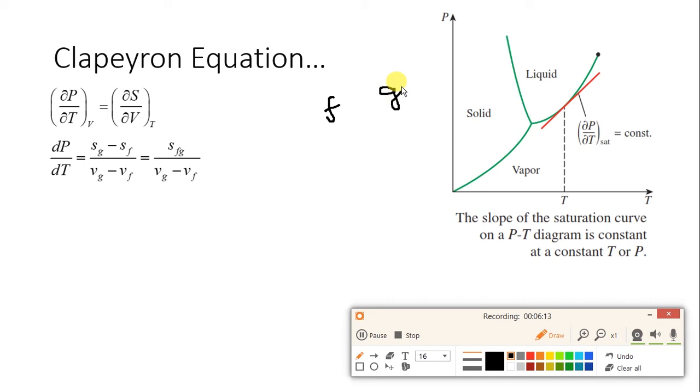Entropy and volume both will be higher for the gas phase. Since it is a delta, it will be final minus initial. Final will be gas and initial will be liquid. So dou S can be written as Sg minus Sf. Similarly, dou V can be written as Vg minus Vf. Now Sg minus Sf is denoted over here by Sfg, and in the denominator we have Vg minus Vf.